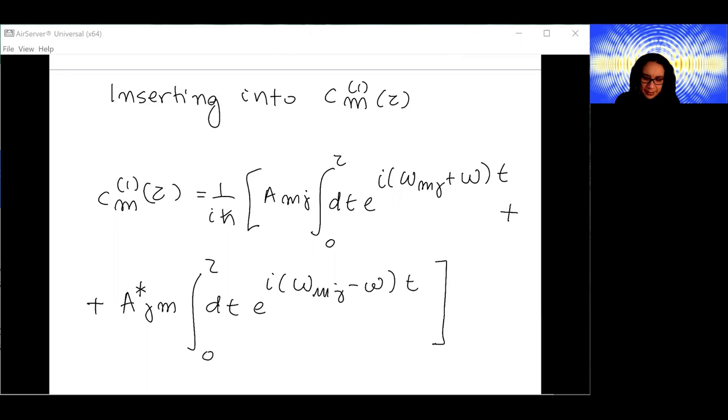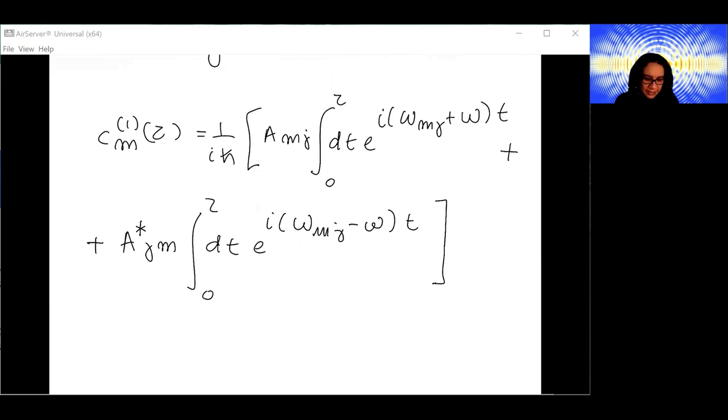So you see what is happening. You have here some integral in which we consider the energy difference between the lower and upper level plus the angular frequency. And here we have the Bohr frequency associated also with the difference between the lower and the upper level minus the angular frequency of the perturbation. So we're going to integrate this.